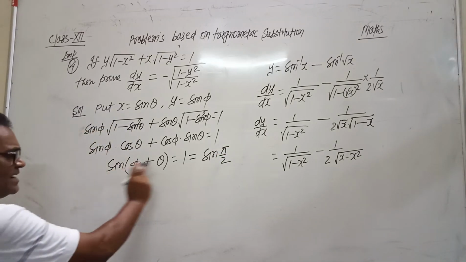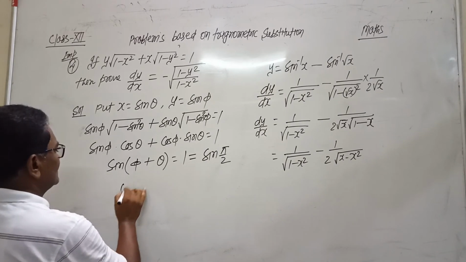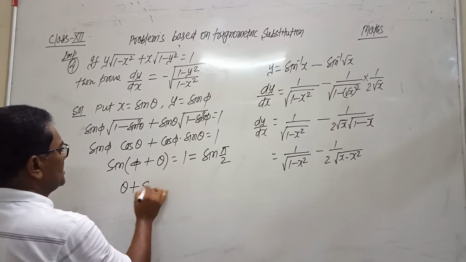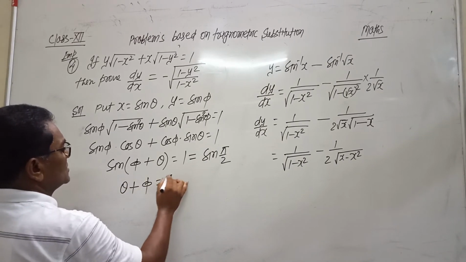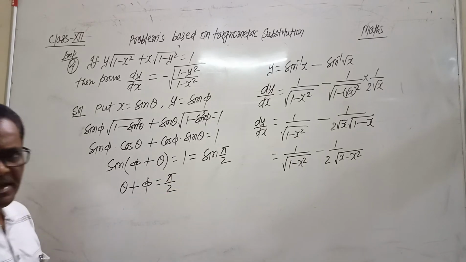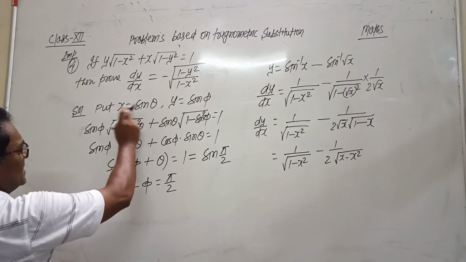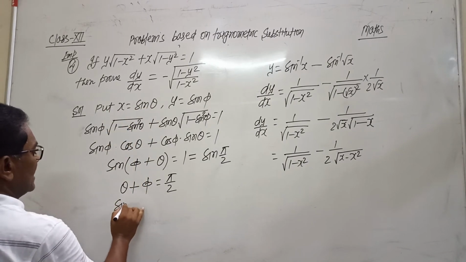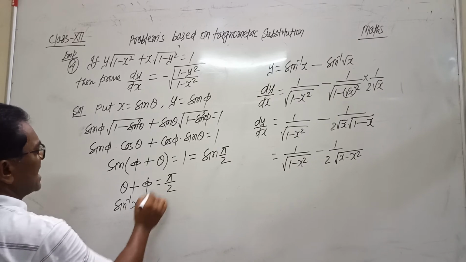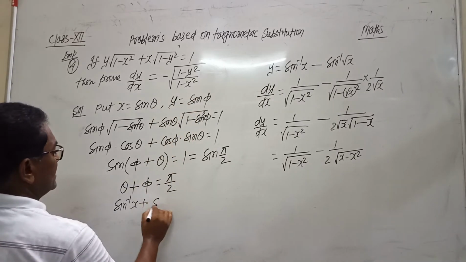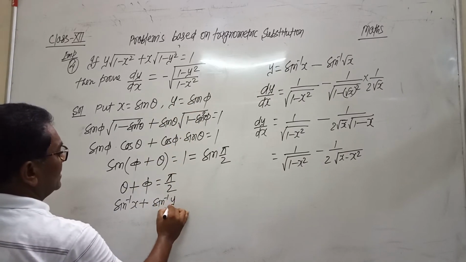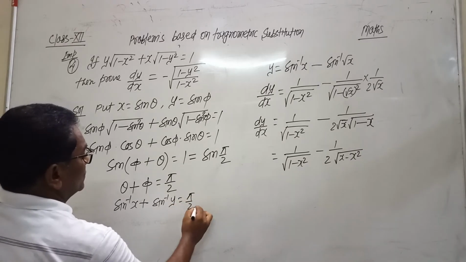So from both sides sine and sine get cancelled, and it gives theta plus phi equals pi by 2. Now put the value of theta and phi. So theta becomes sine inverse x and phi becomes sine inverse y, equals pi by 2.